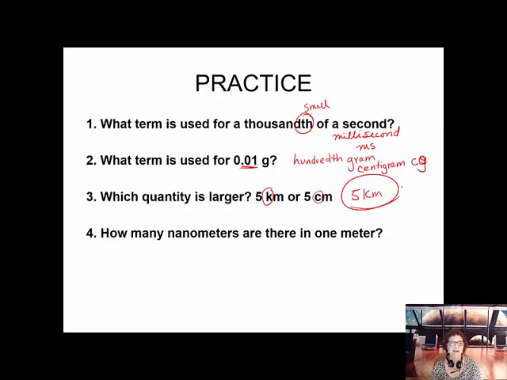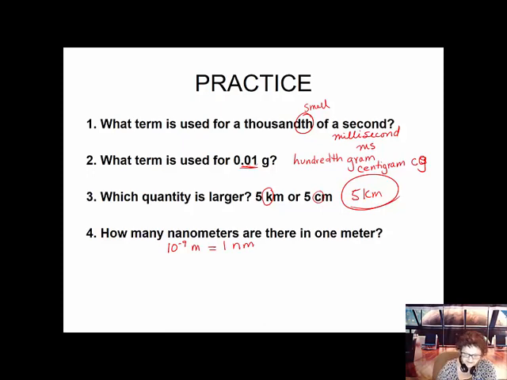All right, how many nanometers are in 1 meter? You may have to look back at your chart there, but a nanometer is 10 to the minus 9, because I'm not going to write all those zeros. So 10 to the minus 9 is a nanometer. That's how many meters are in 1 nanometer. 10 to the minus 9 meters in 1 nanometer.